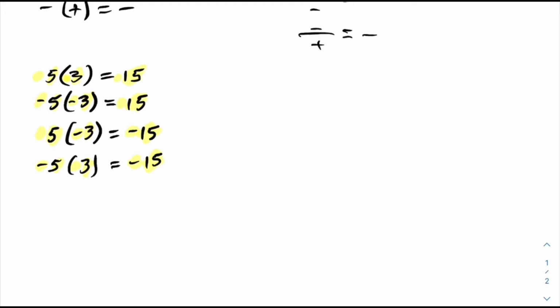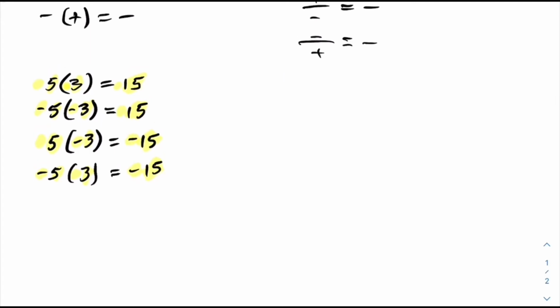Now we're going to go over some examples for division working with positive and negative signs. If you have positive 15 divided by positive 3, that is a positive 5. No signs means positive.